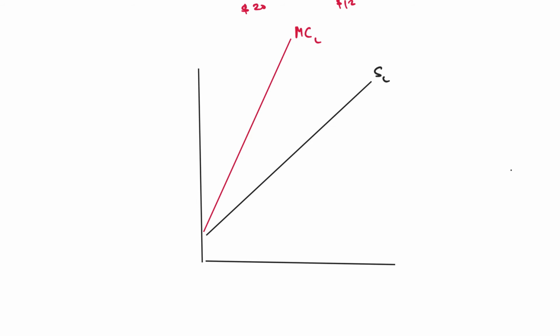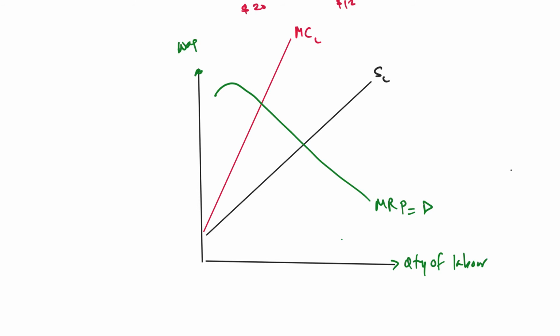And my MRP, again, I'm going to make MRP like this. Now, my MRP is my demand for labor. Quantity of labor is like this. Your wage rate is like this.